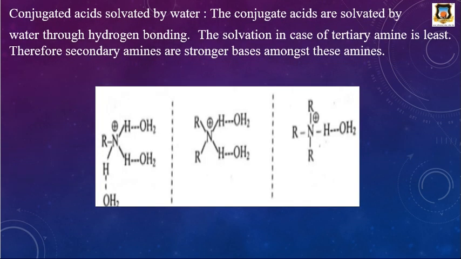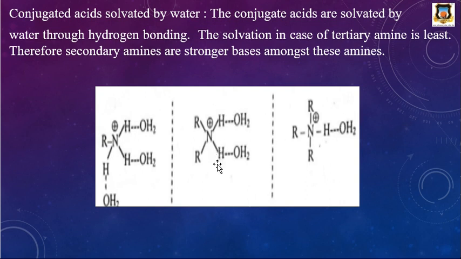Here we see the stability of conjugate acids. The conjugate acids are solvated by water in the case of primary, secondary and tertiary amine. The conjugate acids of all primary, secondary and tertiary amines are stabilized by hydrogen bonding in water. The solvation in the case of tertiary amine is least, because the conjugate acid of the tertiary amine is solvated by only one hydrogen atom.